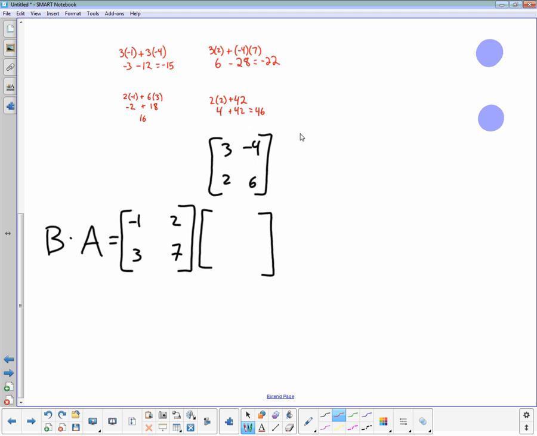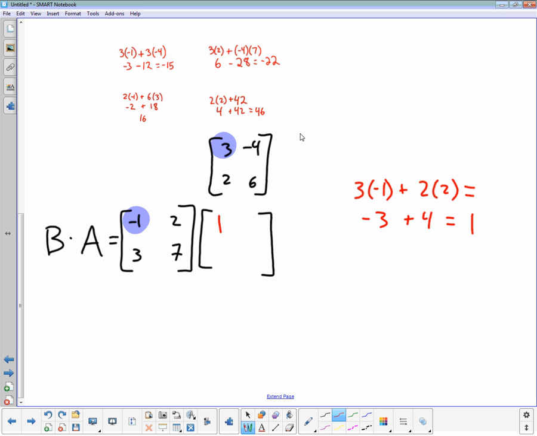So now, when we multiply these, we get 3 times negative 1 plus 2 times 2, negative 3 plus 4 equals 1. Automatically, you can see that you're not getting the same answer. See? They do not fly. I mean, multiplication is not commutative anymore.